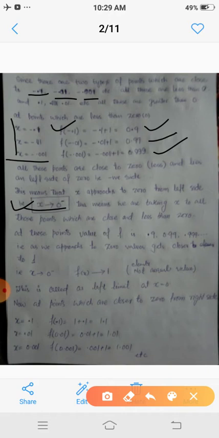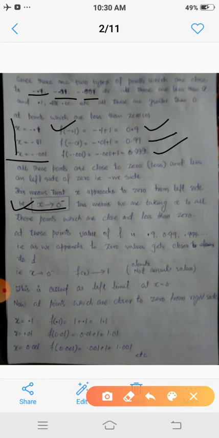Now at these points, the value of the function is 0.9, 0.99, 0.999. So this means that the value gets closer and closer to 1 as we approach 0, because minus 0.1 is less than minus 0.01, which is less than minus 0.001.